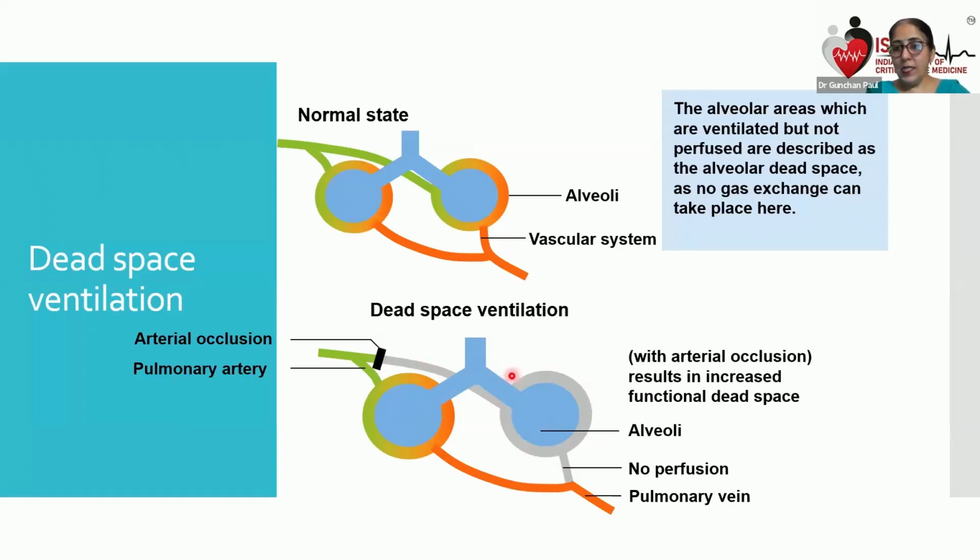So there will be no gas exchange. So this is what is called dead space ventilation. This is when the alveolar areas which are ventilated but are not perfused, they are described as dead space. The ventilation is there, but that space has become dead because it is not contributing to gas exchange.